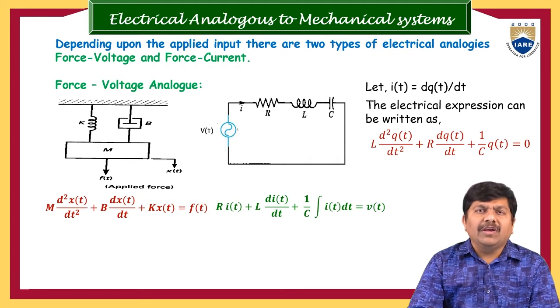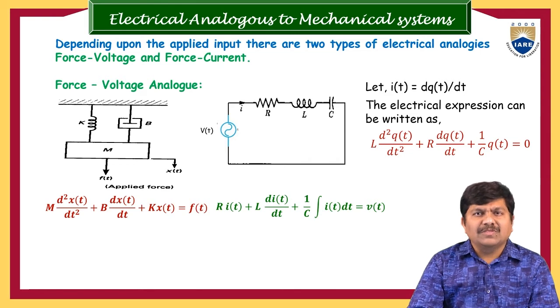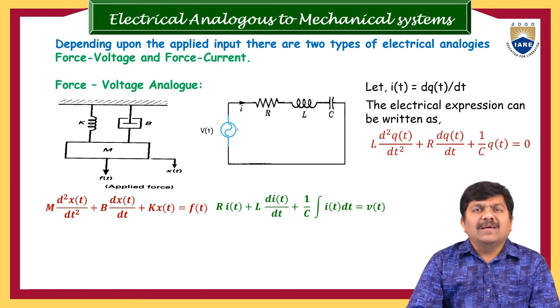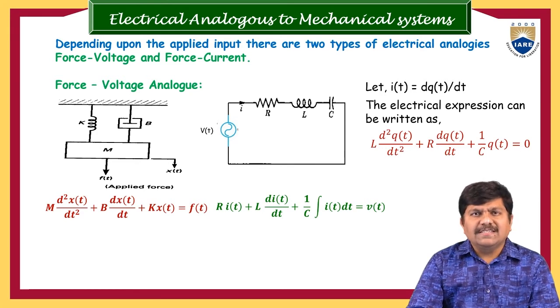If we keep the mass unit on a fixed or rough surface, with respect to that rough surface the mass unit will develop some frictional forces. And one more basic property of the mass unit is that sometimes it may have some elasticity nature. The elasticity nature can be represented equivalent to a spring constant, and frictional force can be represented by using a dash pot.